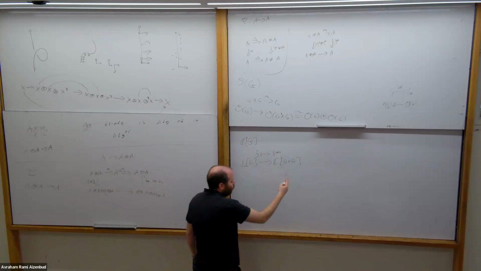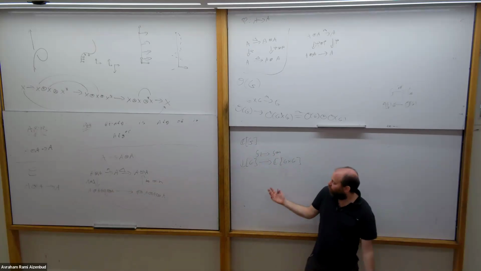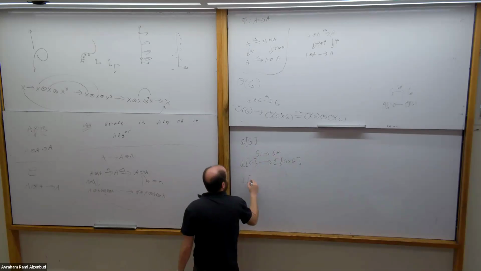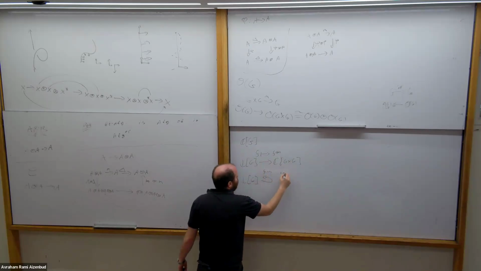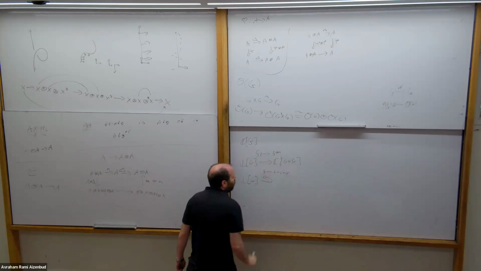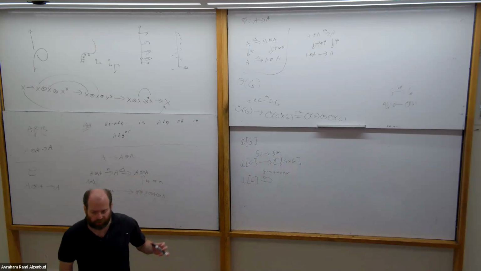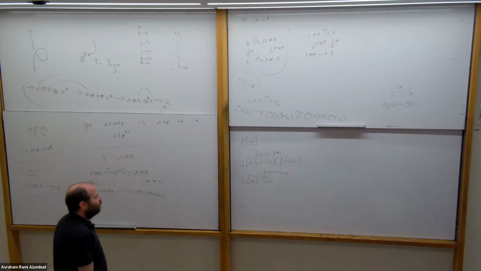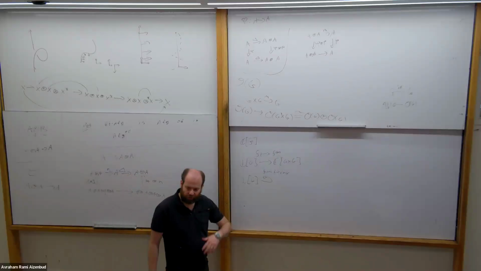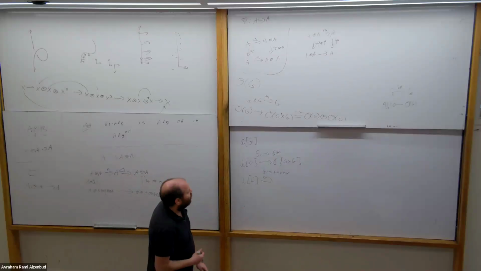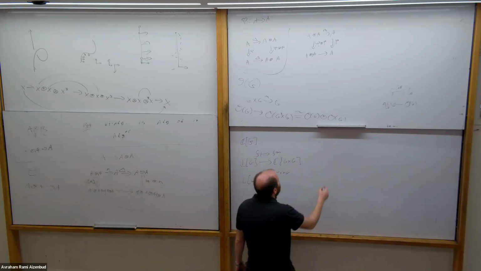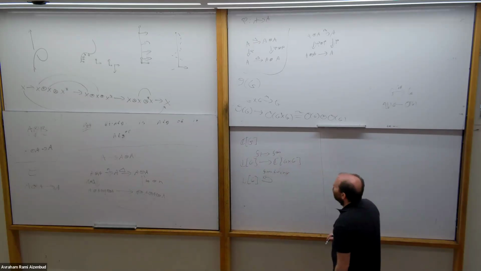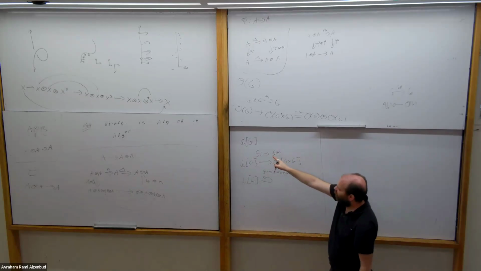So you have a co-product and you have an antipode, of course. Send F to the map that first performs the inverse, then performs F. And this is a Hopf algebra of functions.